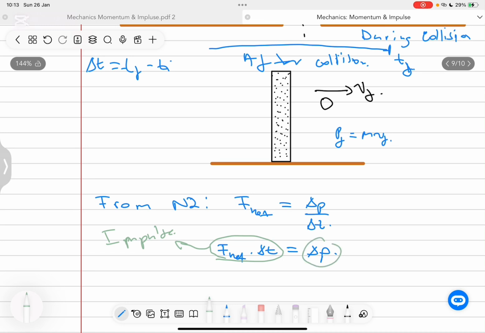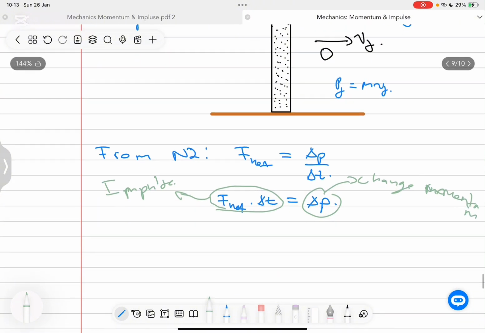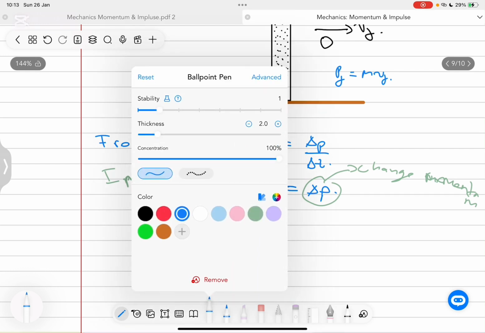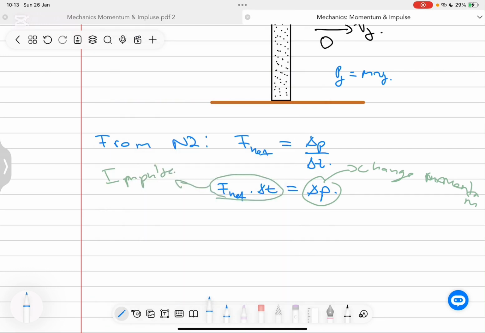And here we are saying now this is equal to the change in momentum, what we discussed in lesson 2. So essentially I'm saying that this product is impulse, and it is equal to the change in momentum.